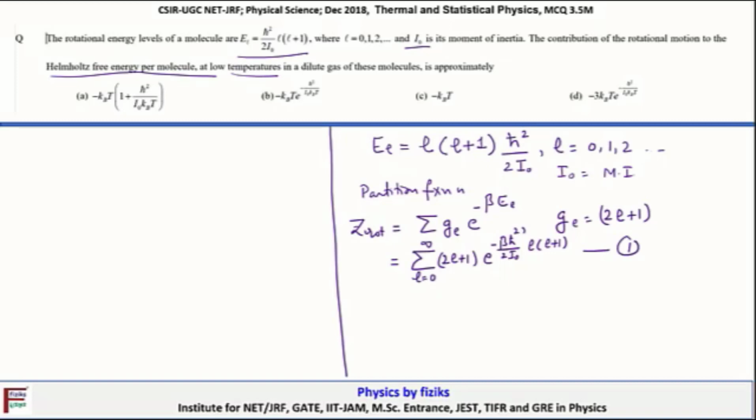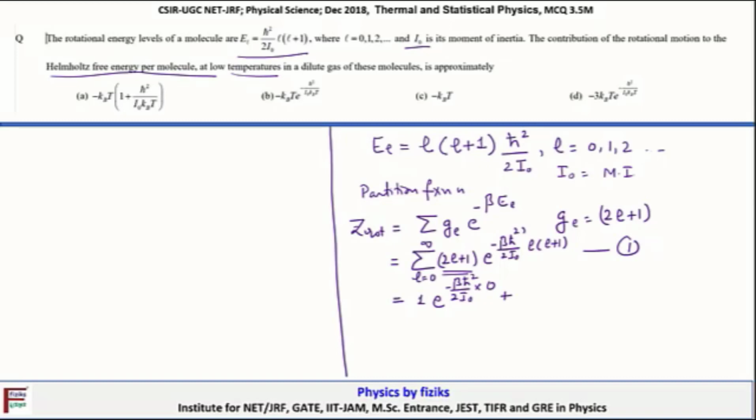Now we will change the value of L starting from 0, and write the different terms to obtain the partition function. The first term, when L is equal to 0, the degeneracy becomes unity, so that is 1 times exponential of minus beta h cut square upon 2 I naught multiplied by L into (L plus 1), which becomes equal to 0.